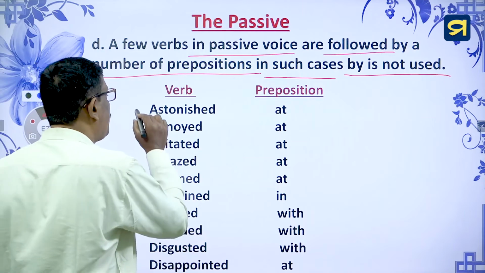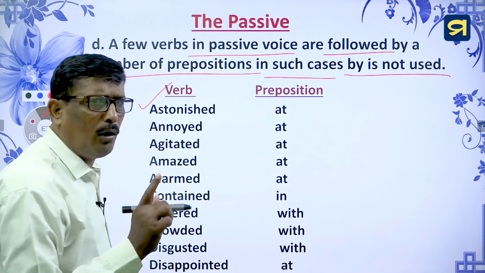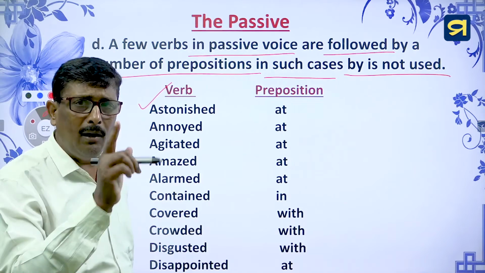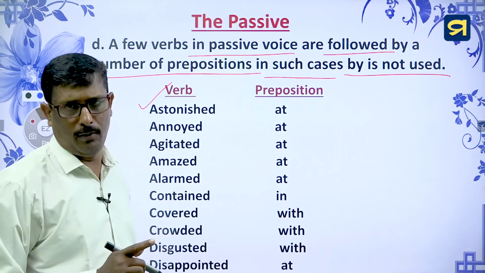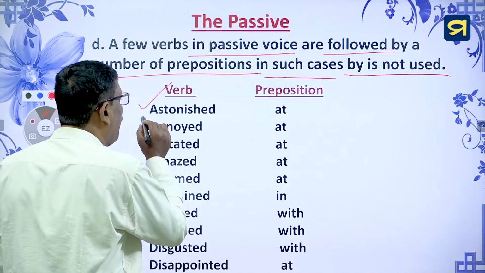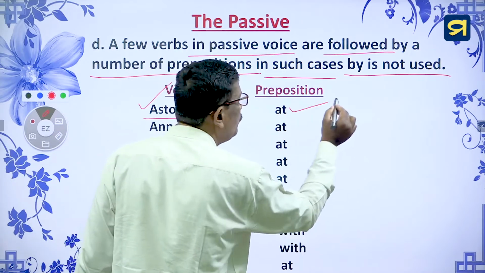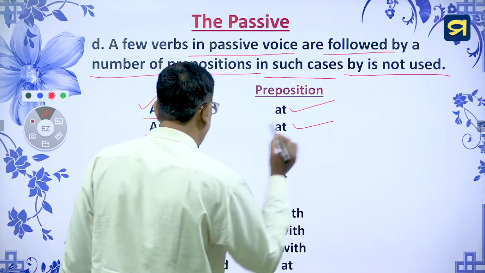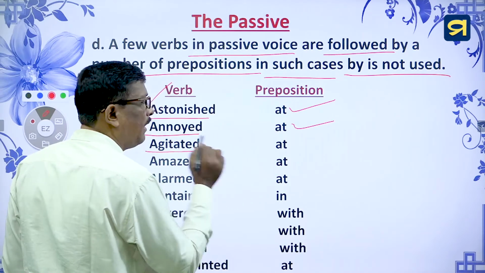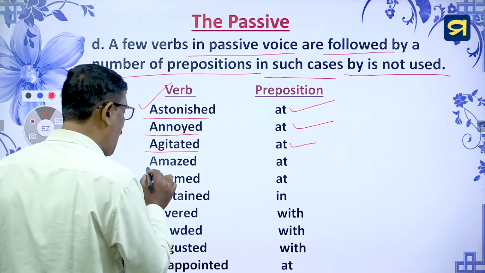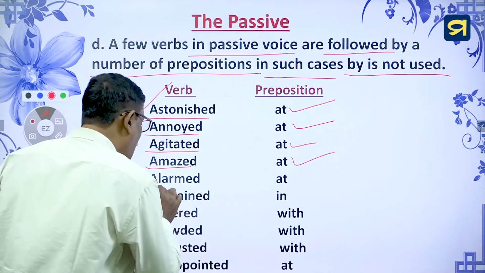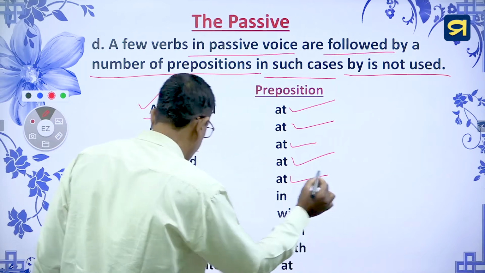When you find astonished, we have already known that the passive form always goes with the past participle form of the verb. When you find astonished, at is used. Similarly for annoyed, at; agitated, at; amazed, followed by at; alarmed, at.